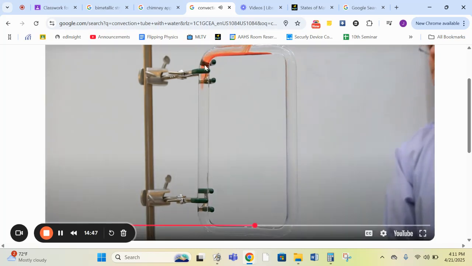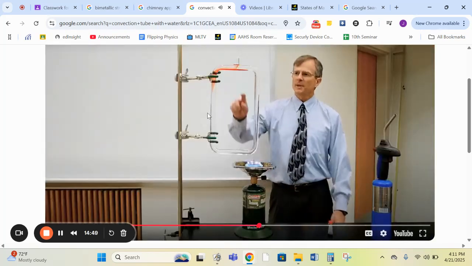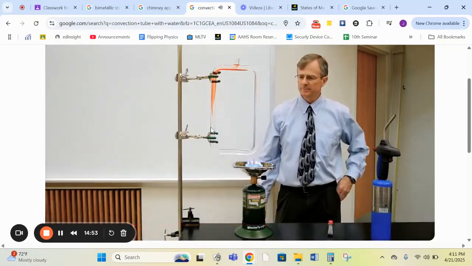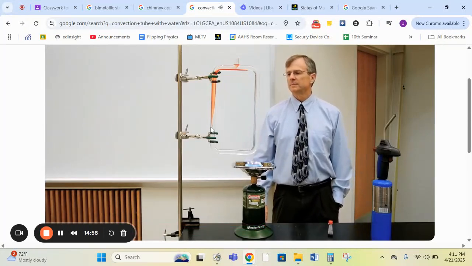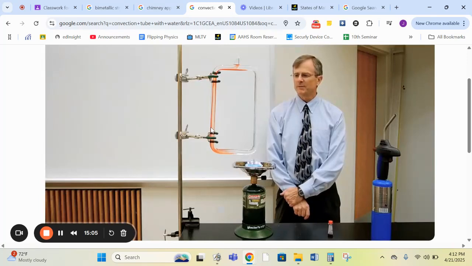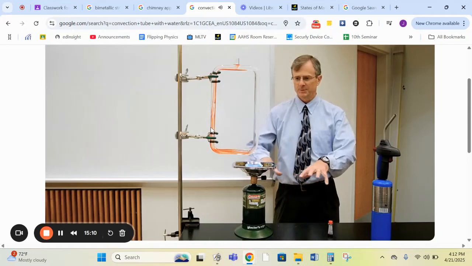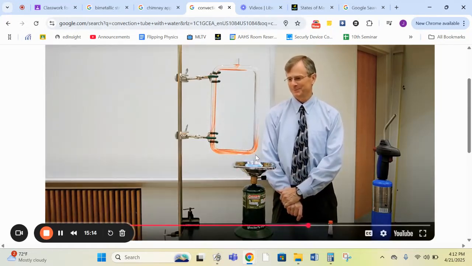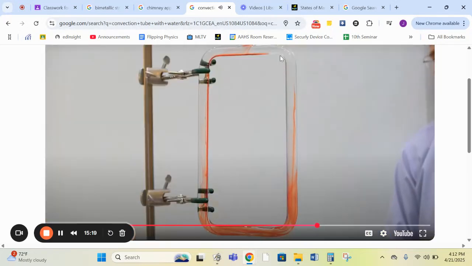Notice we're starting to get the water to start moving. And here it's moving back up over here again.